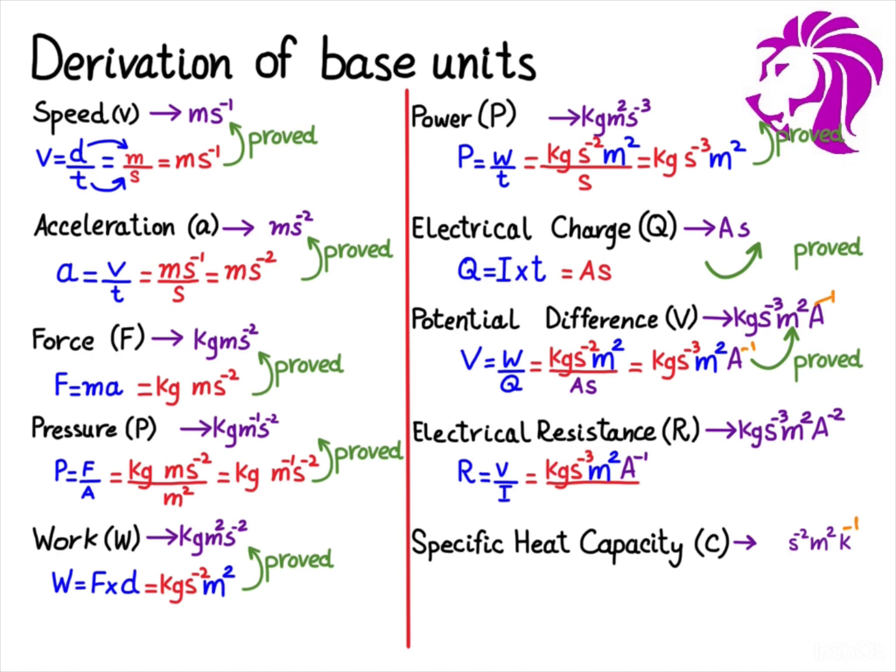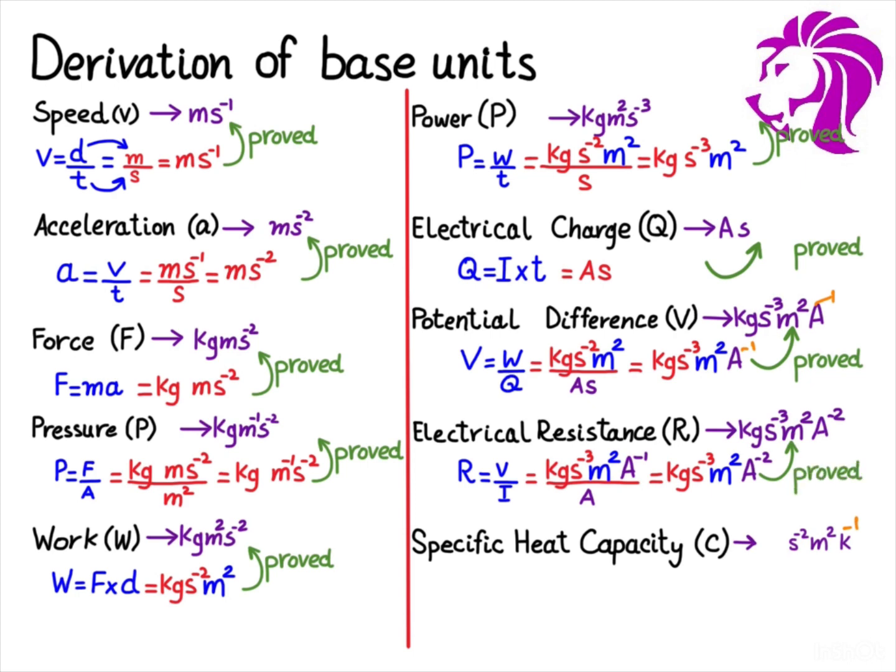We know the unit of current is amperes. So amperes goes in the denominator, becomes A^-1. So A^-1 and A^-1 make it A^-2. My final unit becomes kg m^2 s^-3 A^-2, so once again it's proved.